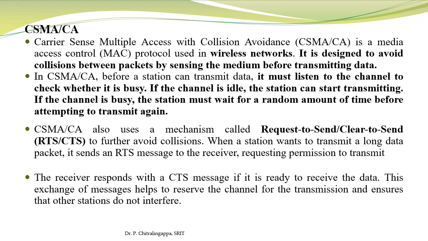If the channel is busy, the station must wait for a random amount of time before attempting to transmit again. CSMA/CA uses a mechanism called RTS and CTS frames, request to send and clear to send. By using these two, we can get the information.